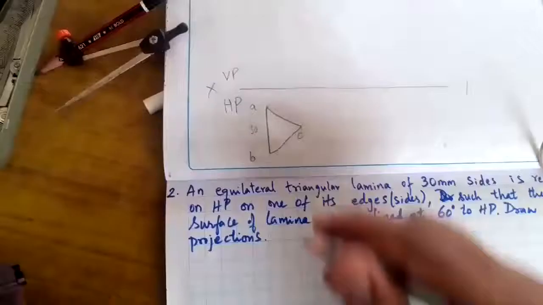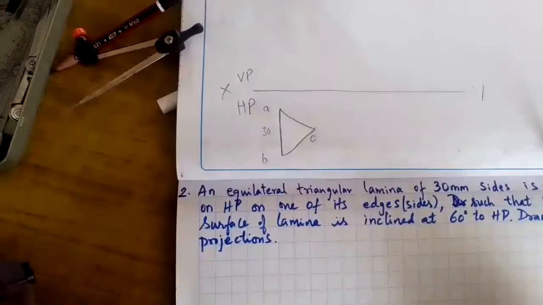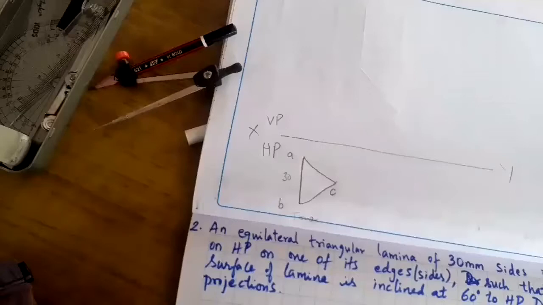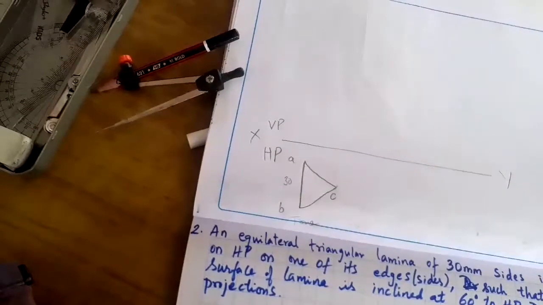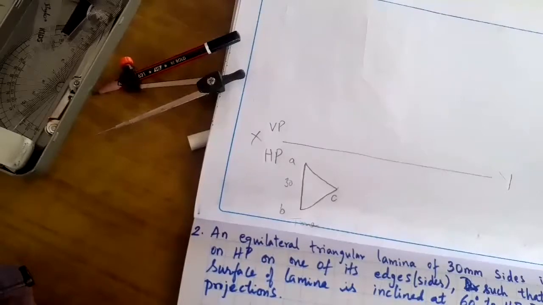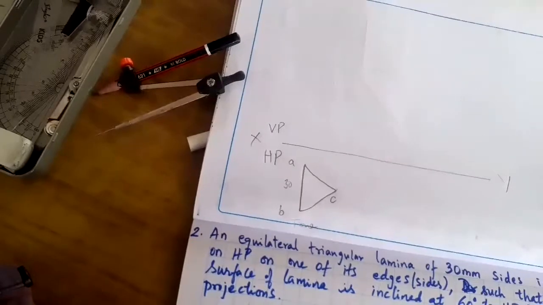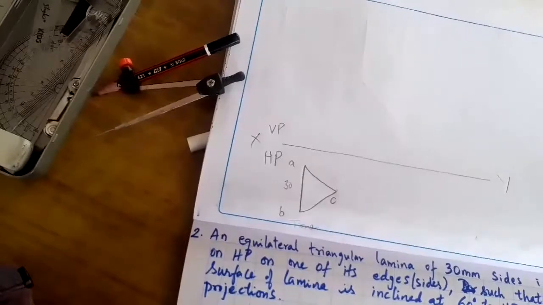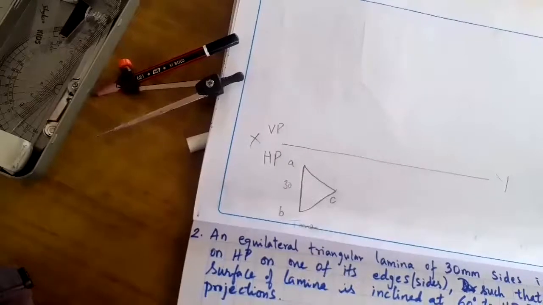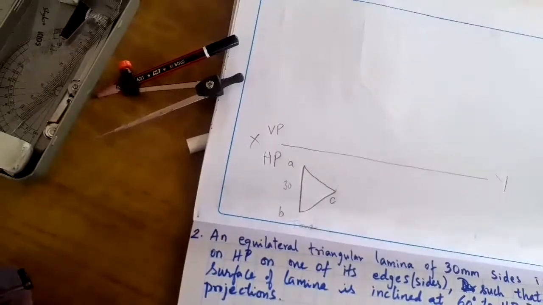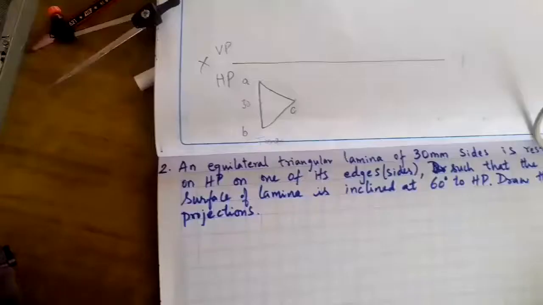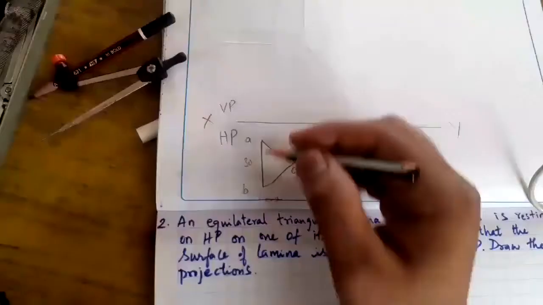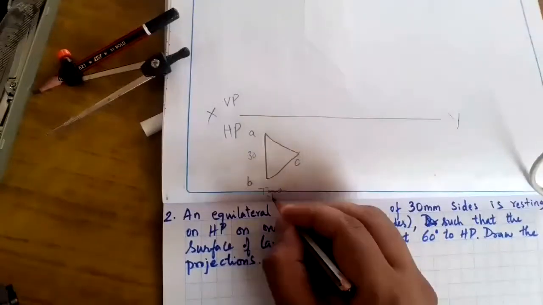This is the true shape. AB, this is the true shape that I am assuming, because I don't know the apparent shape.